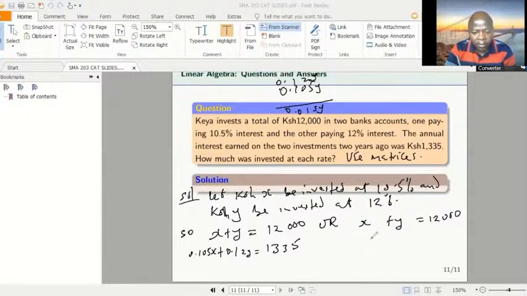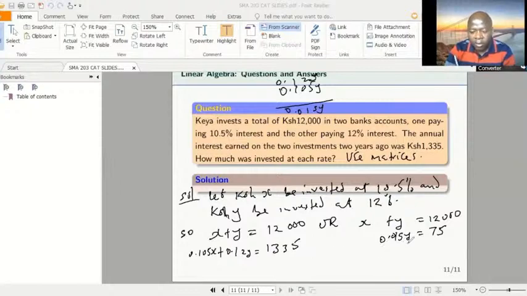So what I get there is 0.015. Now multiply this by 0.105 and subtract the result from this. Get 7.5. You can do that with your calculator.